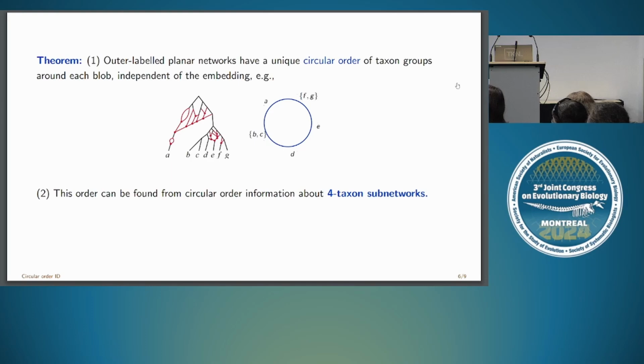And with any other drawing of that network, it may seem sort of obvious that we would have, again, that same circular ordering, but there are examples where it's not so clear. But there is a unique circular order. And the second fact is that if I can find some way of getting this circular order information from 4 taxon subnetworks, then I can find it for the large network.